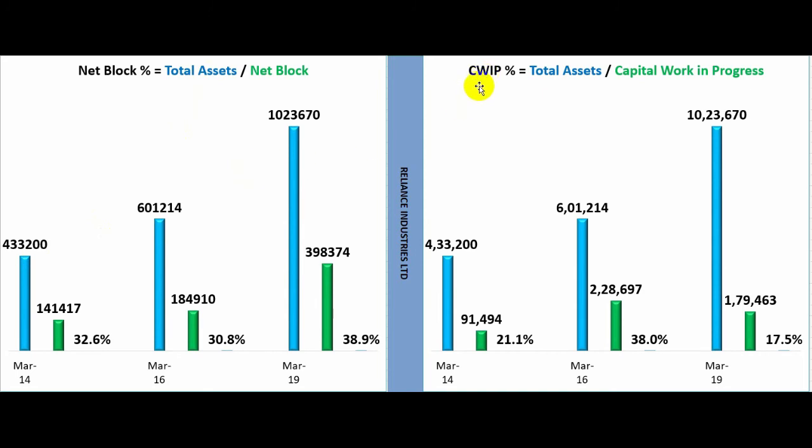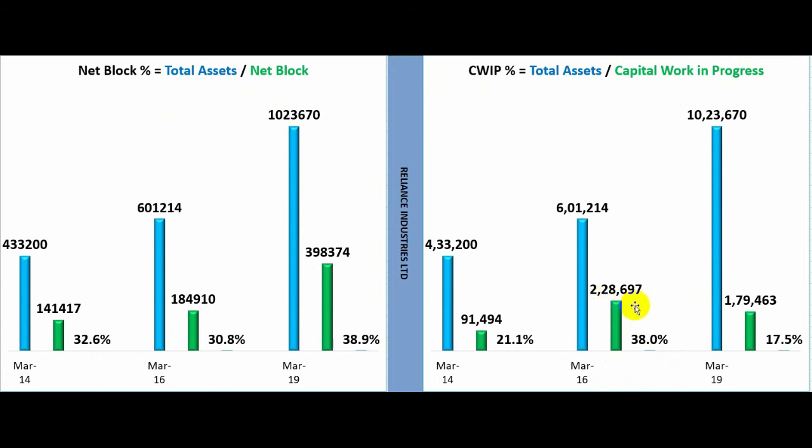Next, how much assets were still under progress, still being built up, that is capital expenditure. We see in 16 the company's capital work in progress, those assets on which the work was going on and which would be added to the net block in the future years, was quite high at 38%.